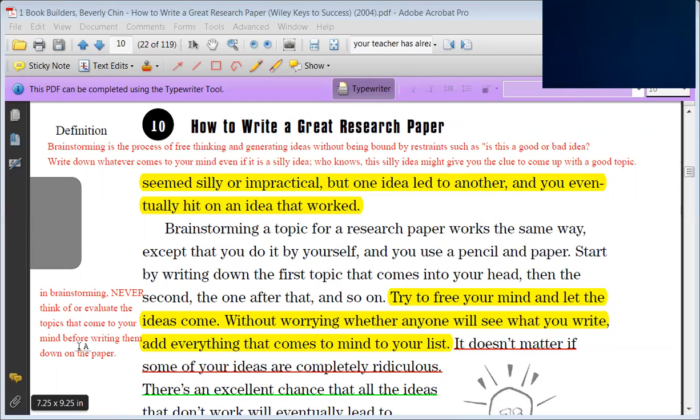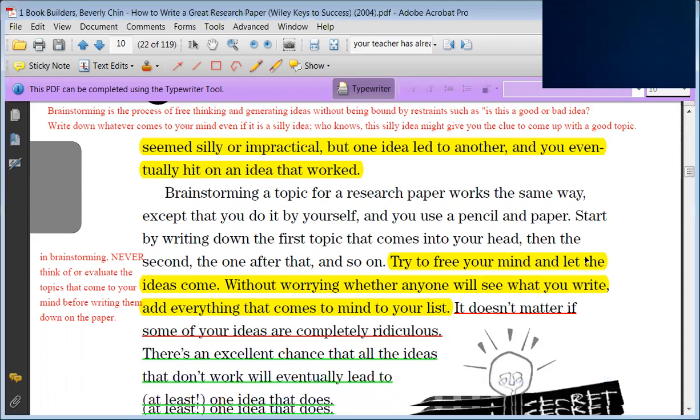You can say whether these are silly or not. Just mention them at the beginning, and then later you can think about them and check whether they were good or bad ones. This is the technique, and this is the essential part of this technique. It doesn't matter if some of your ideas are completely ridiculous. Even if you find them ridiculous, you can later omit them.